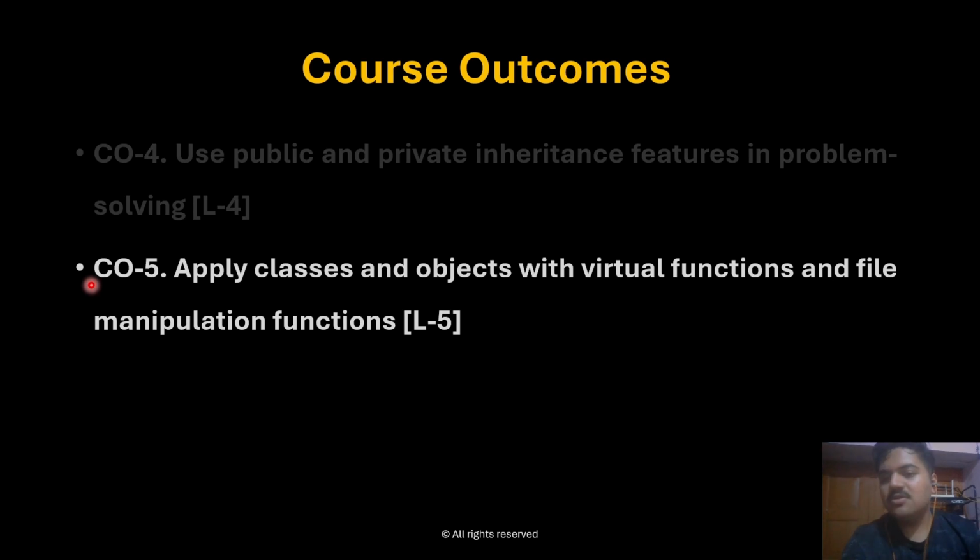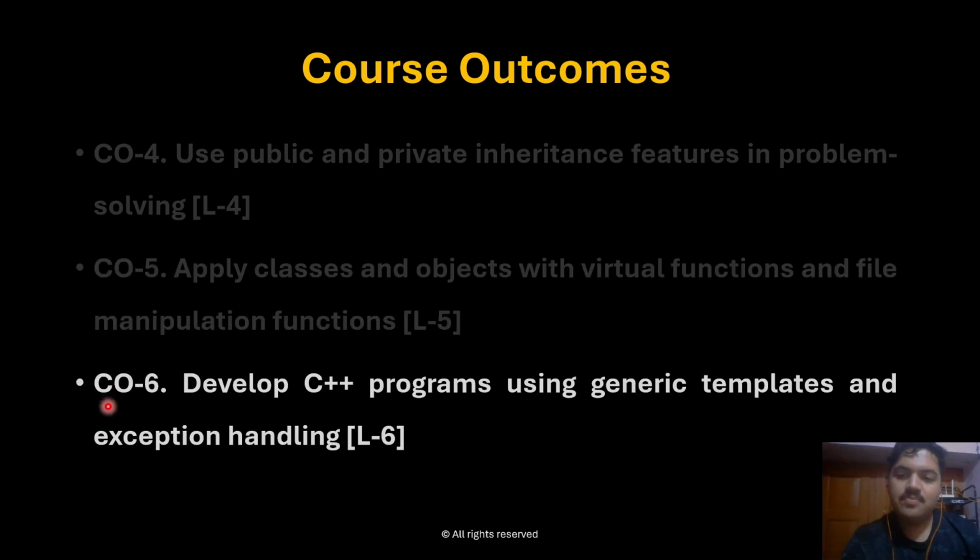The fifth course outcome is applying classes and objects with virtual functions and file manipulation functions. We will be using virtual functions and file manipulations along with classes and objects to write a C++ program. The sixth outcome by the end of this course is developing a C++ program using generic templates and exception handling.